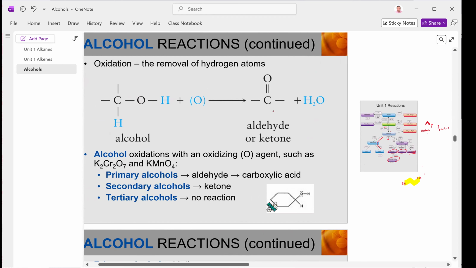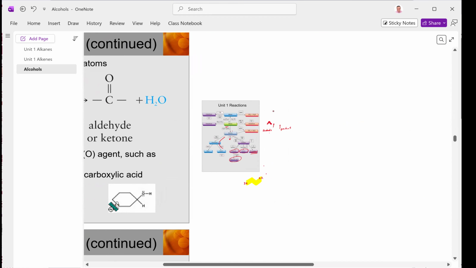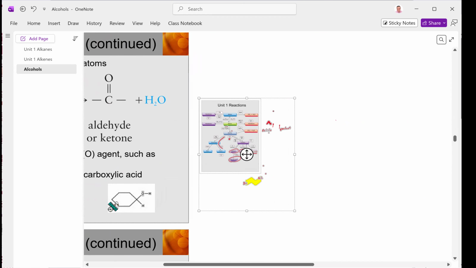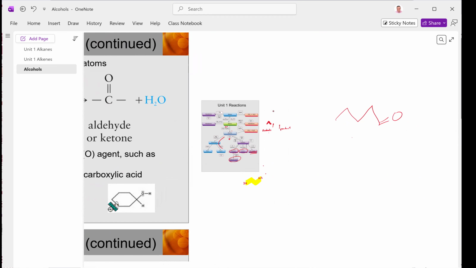Okay, let's talk about aldehyde and ketone. An aldehyde has the double bonded oxygen, called a carbonyl, on the end.